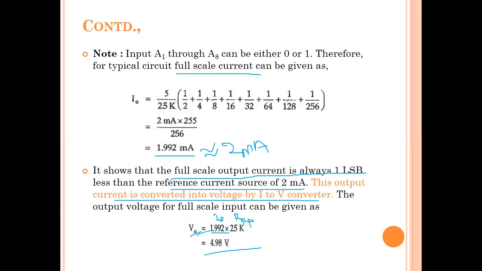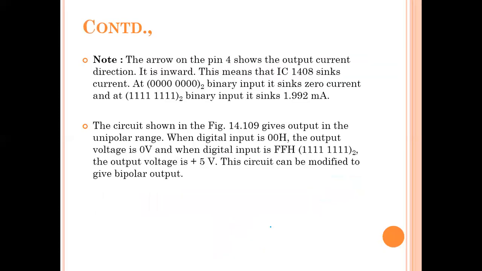So if we apply the full scale input, you will get approximately 5 volts, that is 4.98, which is equal to the reference voltage you are applying, that means the supply voltage that is applied to the IC. So here it is shown for 0, that is the initial condition, and the final condition.